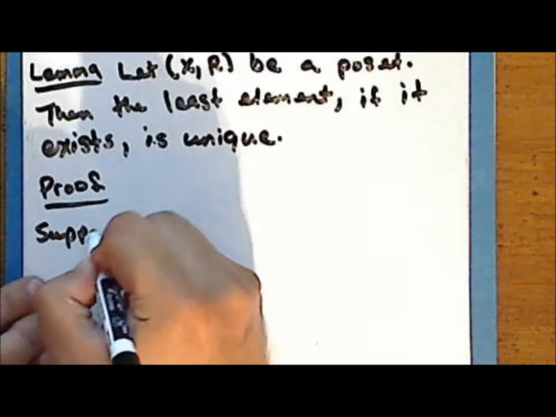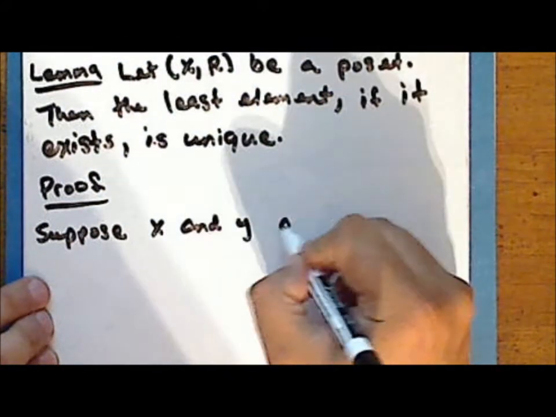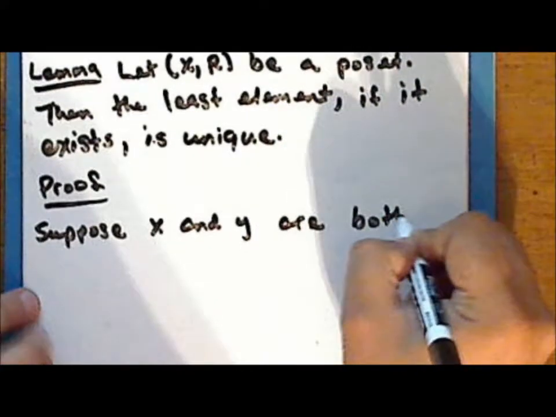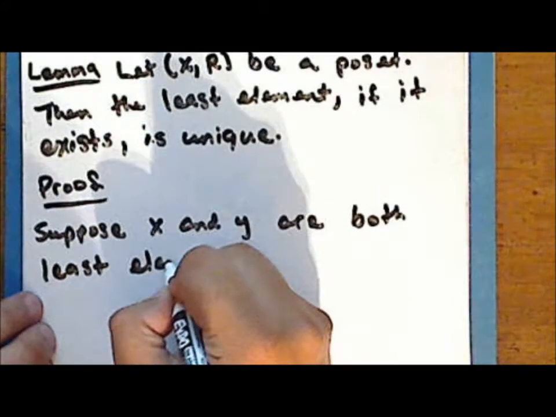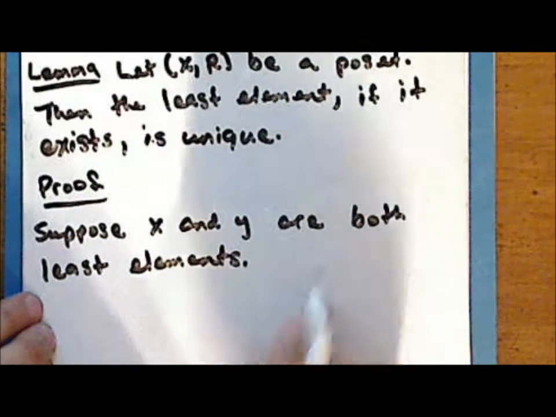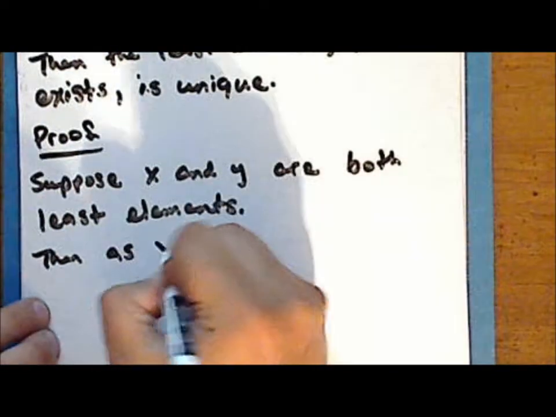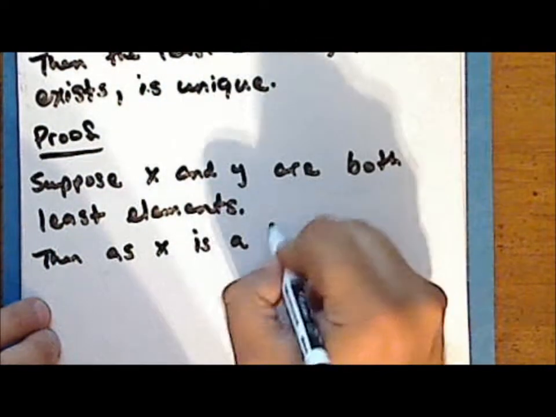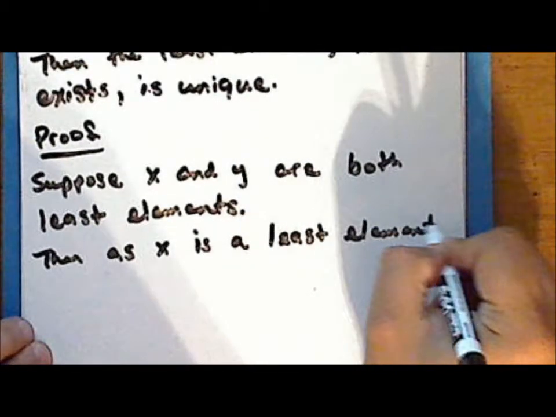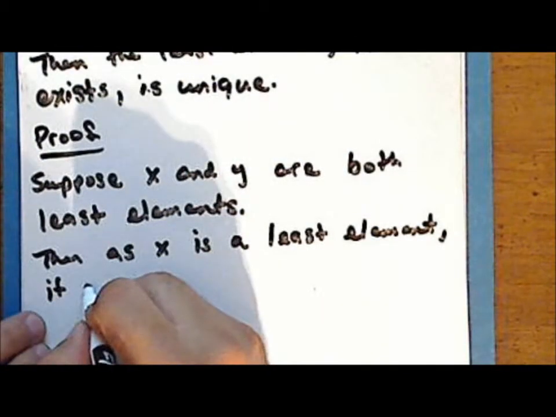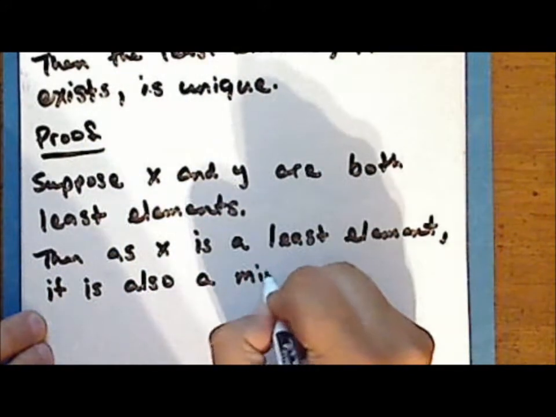Suppose that x and y are both least elements. Then, as x is a least element, it is also a minimal element.